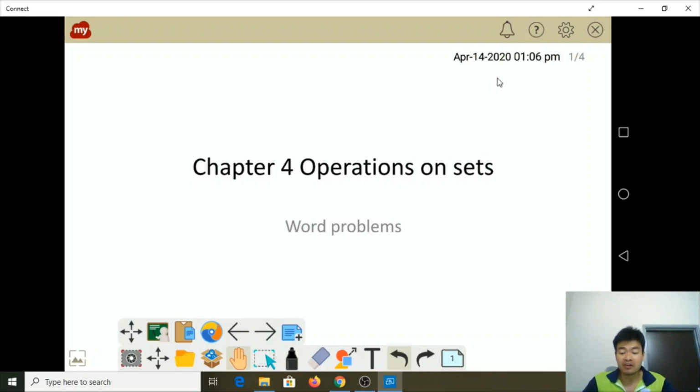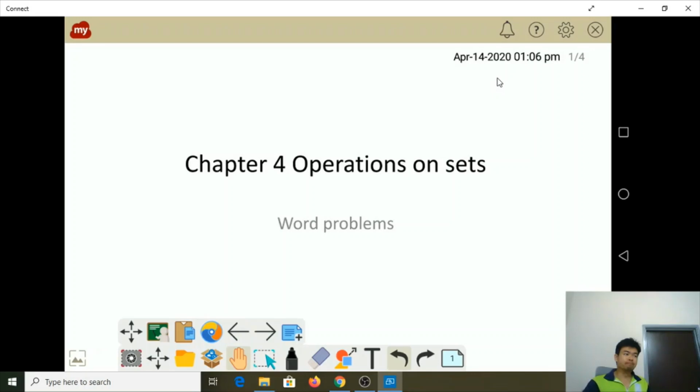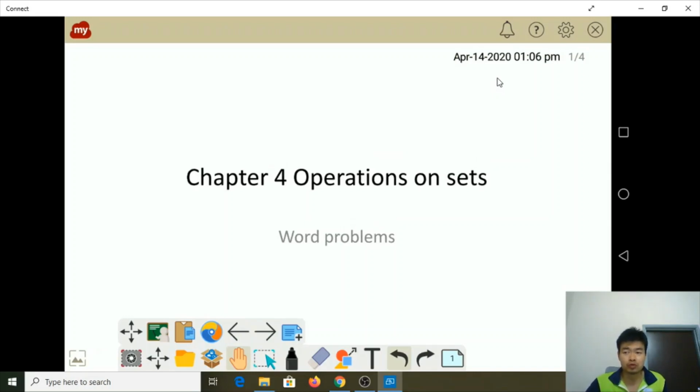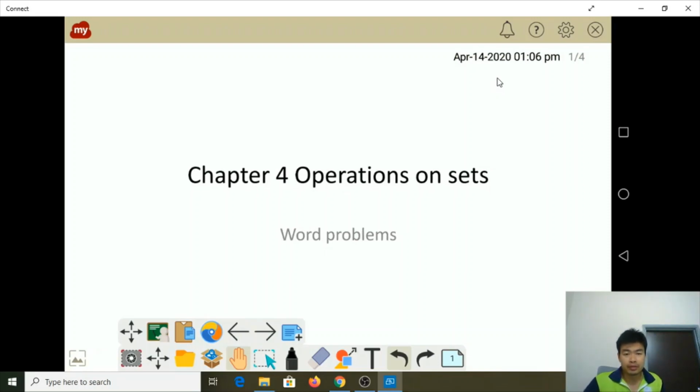Therefore, I've prepared one question which I think is quite challenging to discuss with all of you, and I'm going to pick two questions that your friends are asking regarding the assignment, from assignment 4.2 self-practice 4.2C. So get ready. We're going to discuss three questions together.